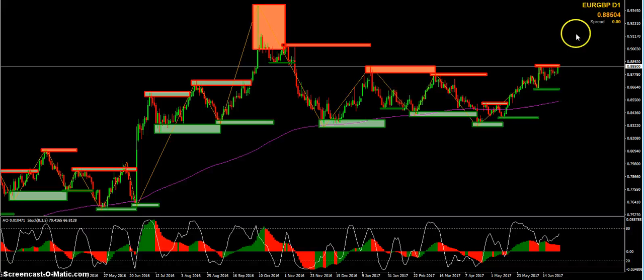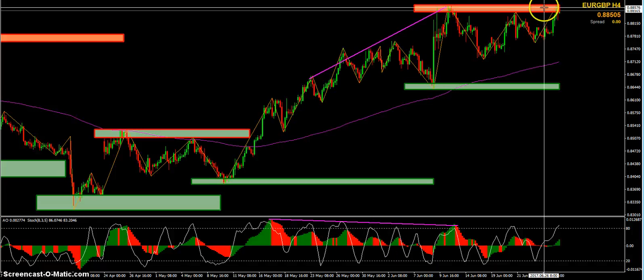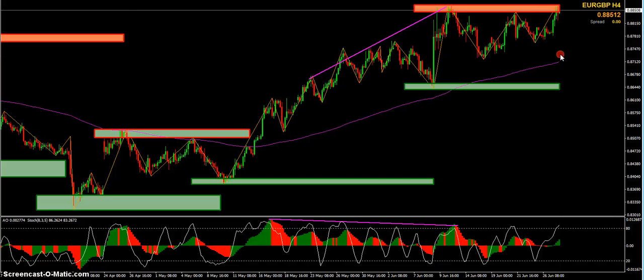So here we have the Euro Pound. At the moment, we're looking to test this resistance area, DSR zone, looking for our divergence, which we have, stepping up higher in price as the AO is stepping down and giving us clear divergence. It hasn't broken the highs just yet, so it's still a selling position.